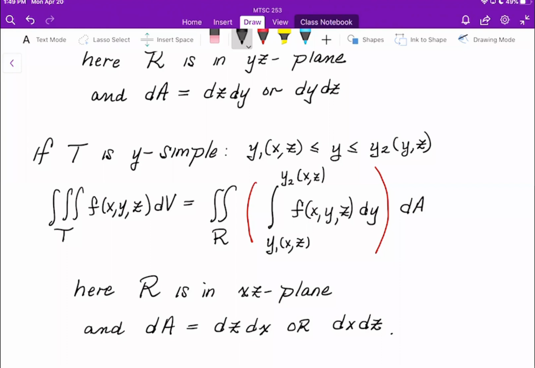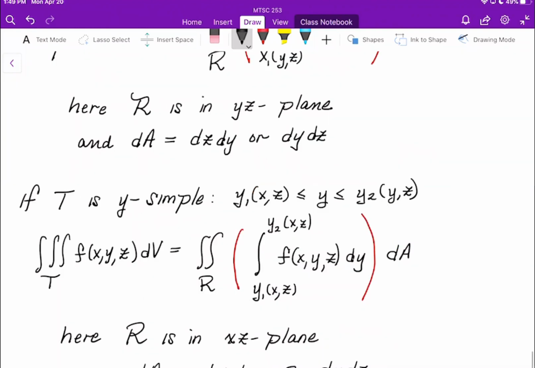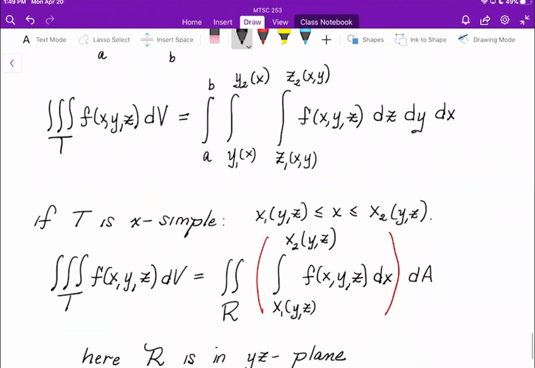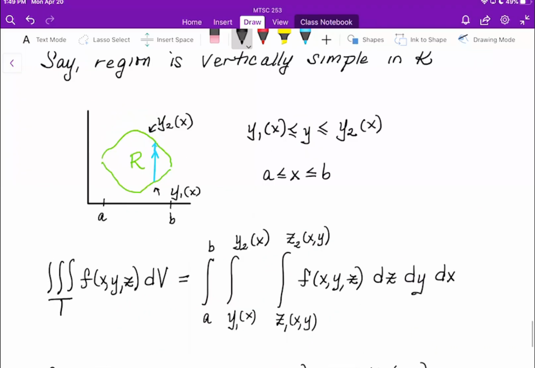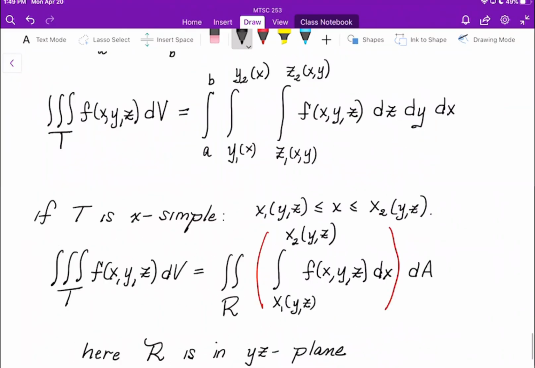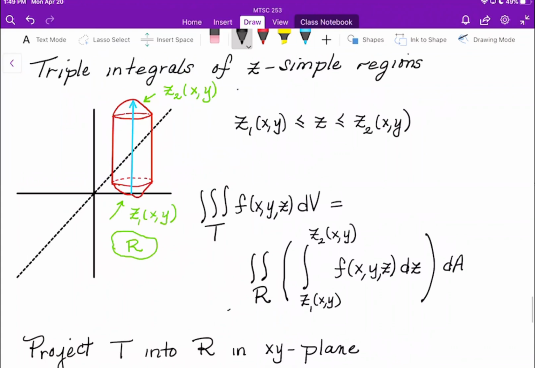It can be all three simple, like a sphere would be all three simple. But most things will look like this picture right here, and that's only Z simple. If it was turned on its side, it will be y or x simple. Exactly. Okay. I get it now. All right.